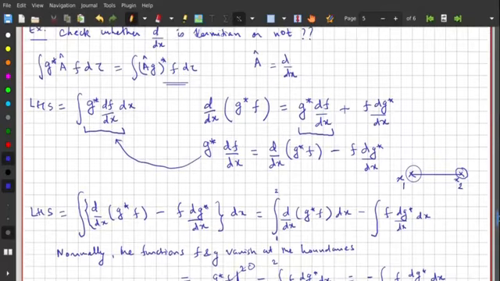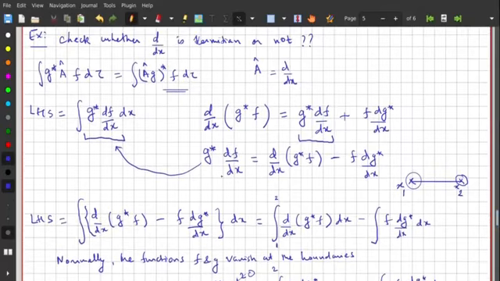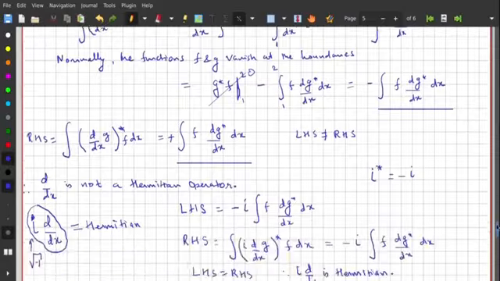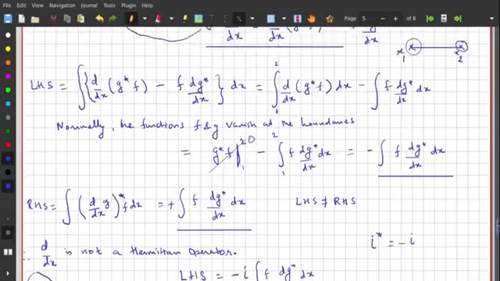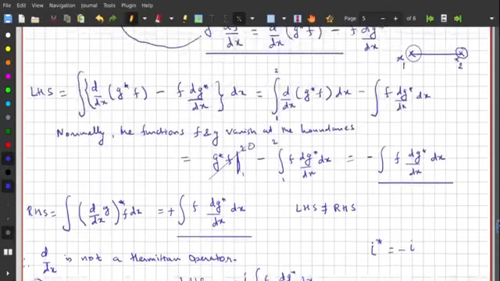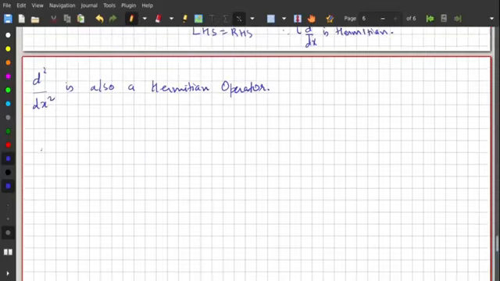If you think about the step that we did, this was basically integration by parts in disguise, and we have to do this twice, so we pull an extra minus, so that minus sign will be absorbed. So when we compare the LHS and RHS, both will now be positive, and hence we can show that this second derivative operator is a Hermitian operator.